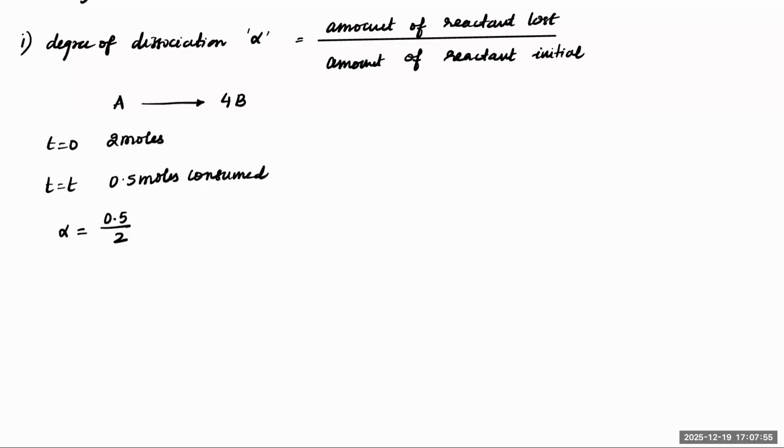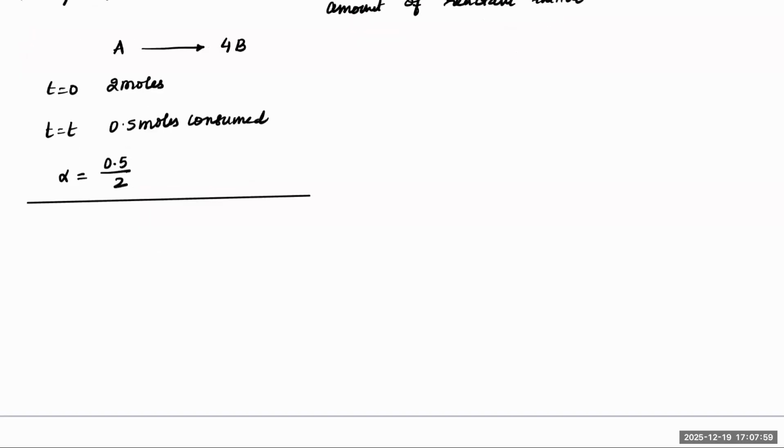Then what is the amount left of A now? After time T, it is 2 minus 0.5. This is the left amount of A. And what is the amount of B formed? You check that with respect to how much is consumed, on the basis of the stoichiometric ratio.